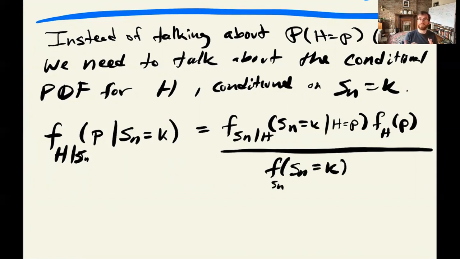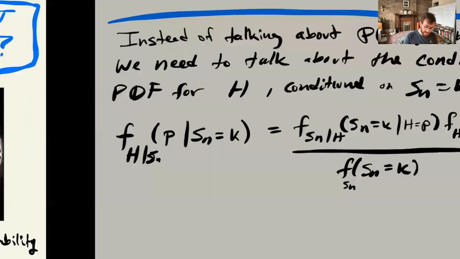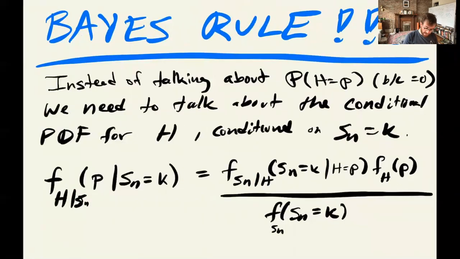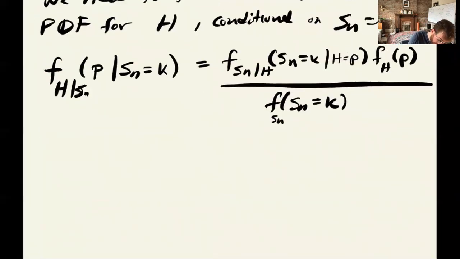Now, you might be a little confused here. You're going to say something like, well, hold on, just back here, we talked about the probability. But notice that the difference between probability and probability density for a discrete random variable is there is no difference. So I can actually think of this as f. So let me just go ahead and write that in our case.